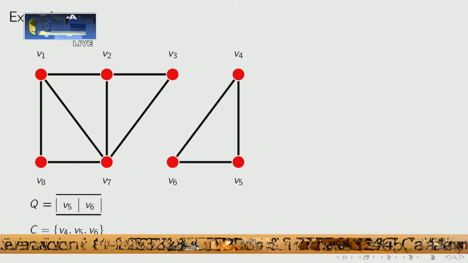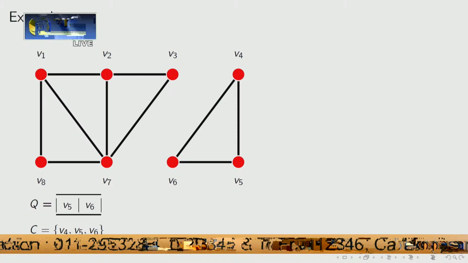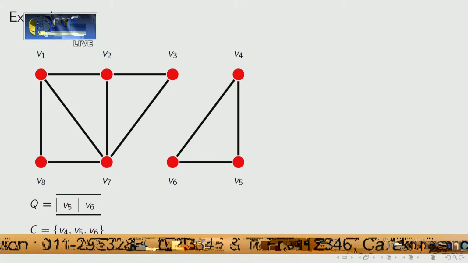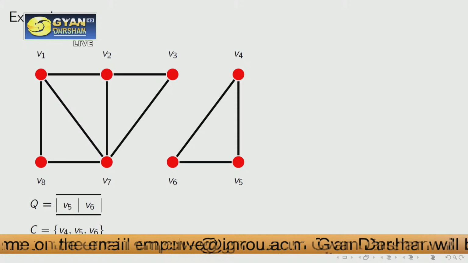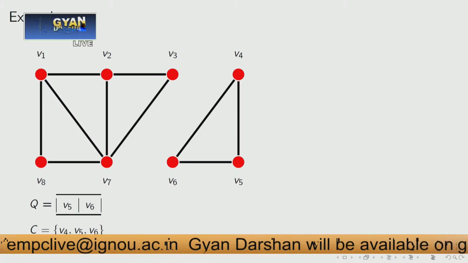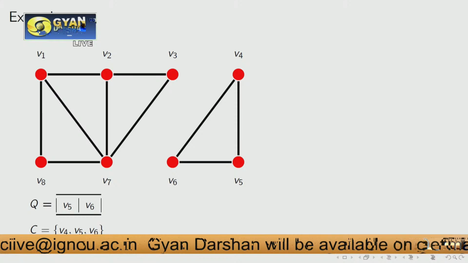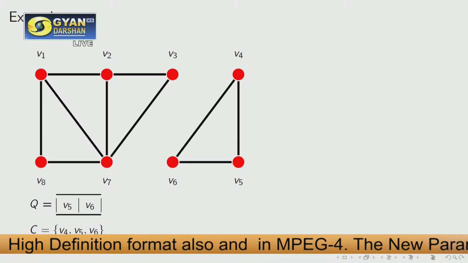So we move to the next vertex, which is V5. V5 is removed, but there is no change in C because it is already there. Then V6 is removed, and finally we print the component which contains the three vertices V4, V5 and V6. So this is how the component finding algorithm works.